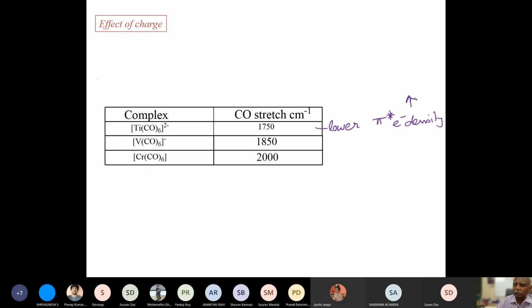So this is something that you can explain in terms of both overlap and also in terms of the electronegativity of the system, because if I have a negatively charged metal atom, it's not going to hold the outermost valence electrons close to itself. The electron cloud will expand.